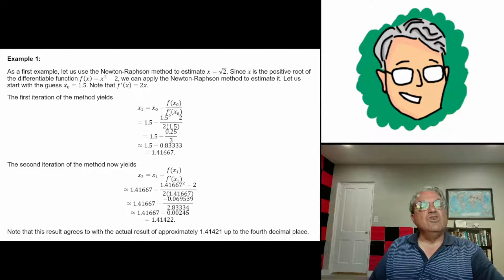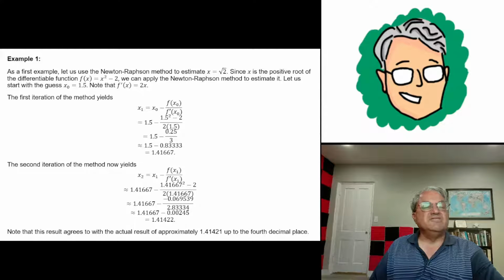And then if you do one more step, here I'm using decimals. You could actually use fractions and get an exact answer. But here I'm using decimals. And if you do this using decimals to 5 decimal place accuracy, you'll get x1 as approximately 1.41667.